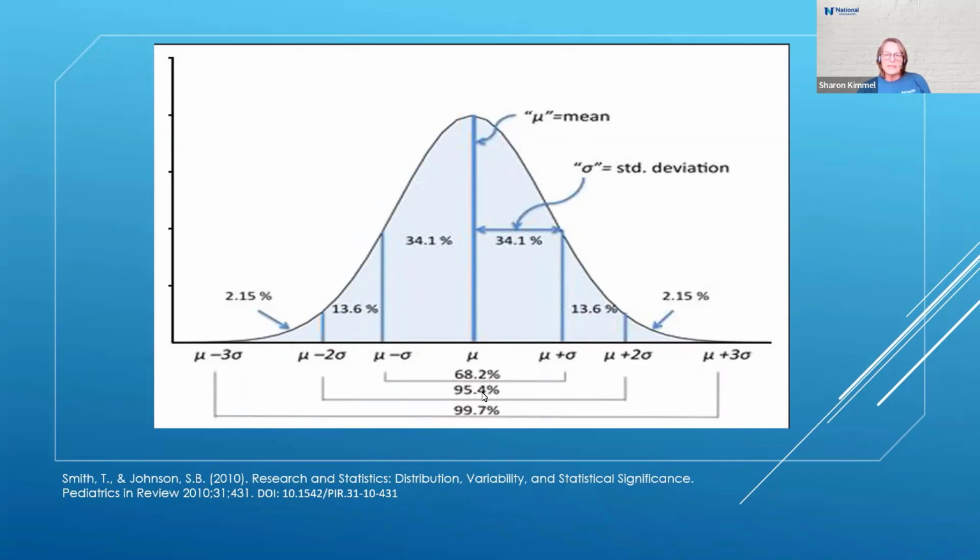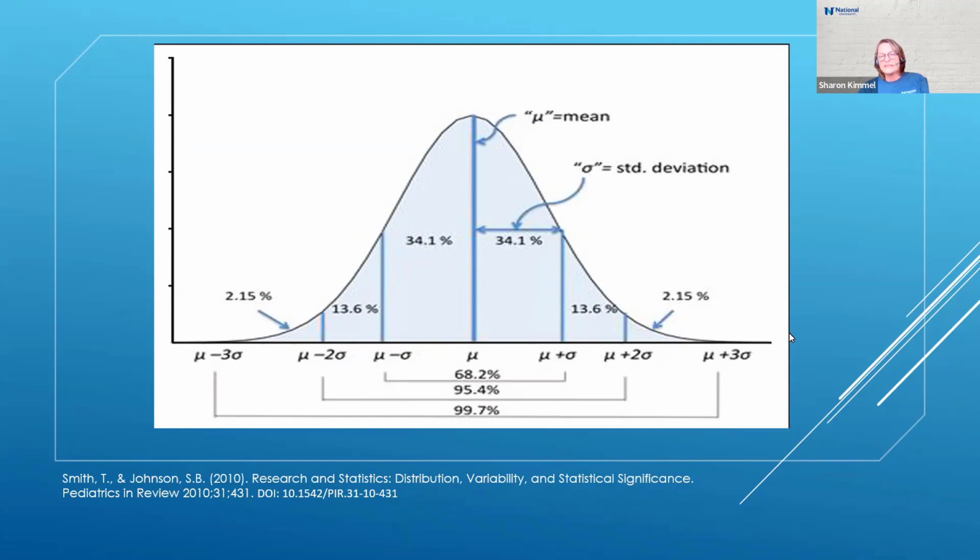Likewise, we've got 95.4% of our entire universe, the values that fall 2 standard deviations on either side of the mean, and then we've got 99.7% that fall 3 standard deviations. These are called tails. Although it looks like in this diagram the tail does end, it really does not.